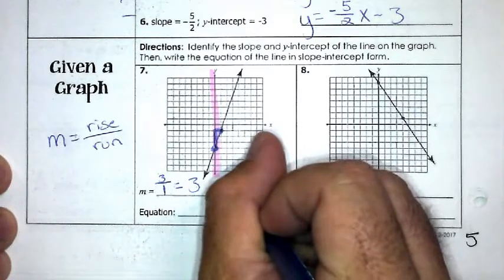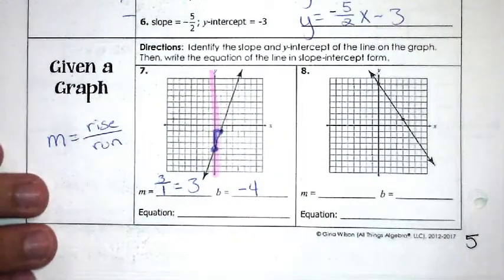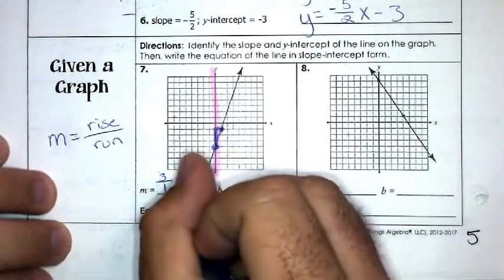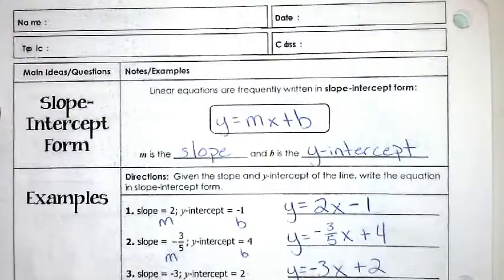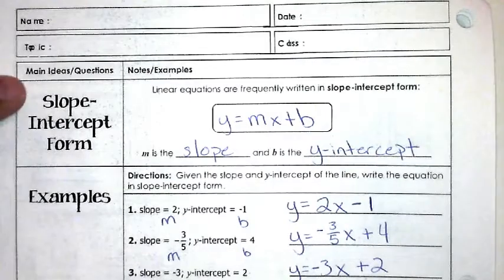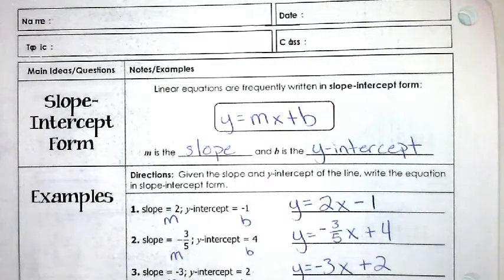Negative 4 is where it crosses it. Do I have slope? Do I have my y-intercept? Yep. So I can do slope-intercept form. Did you notice that that's the name of the form? Slope and an intercept? Slope-intercept form.